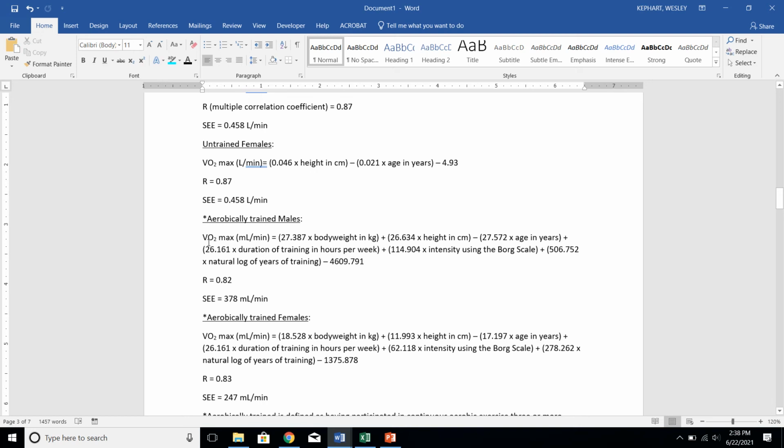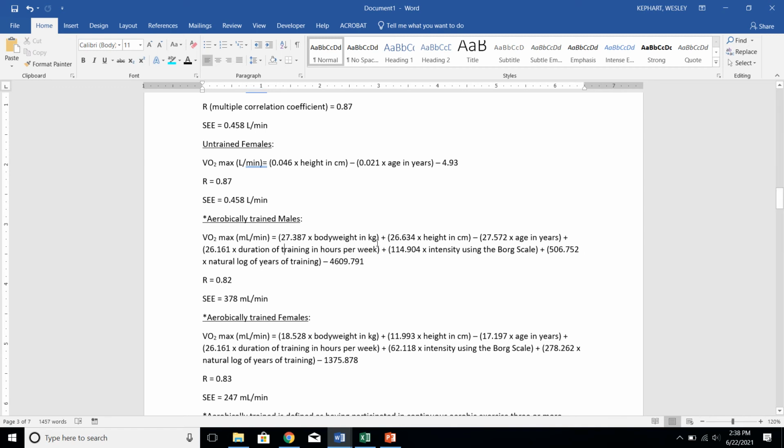So after you figure out this value from these equations, you're going to need to divide it by your body weight in kilograms, and that should kick out the correct number for you.